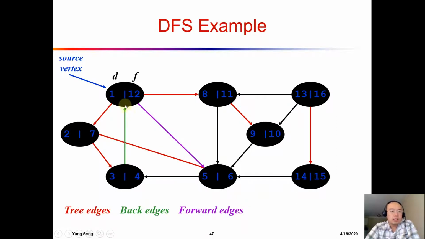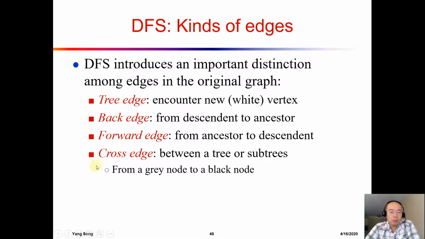So this is the grandparent, parent, and the child. However, there shouldn't be another path from the grandparent directly to the child. So this edge is not part of the tree structure either, and that is a forward edge from the ancestor to the descendant. Okay, and the last one is cross edge.